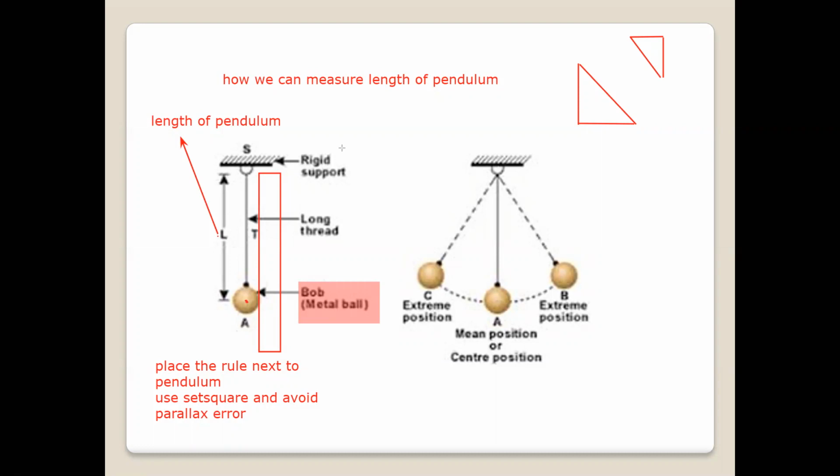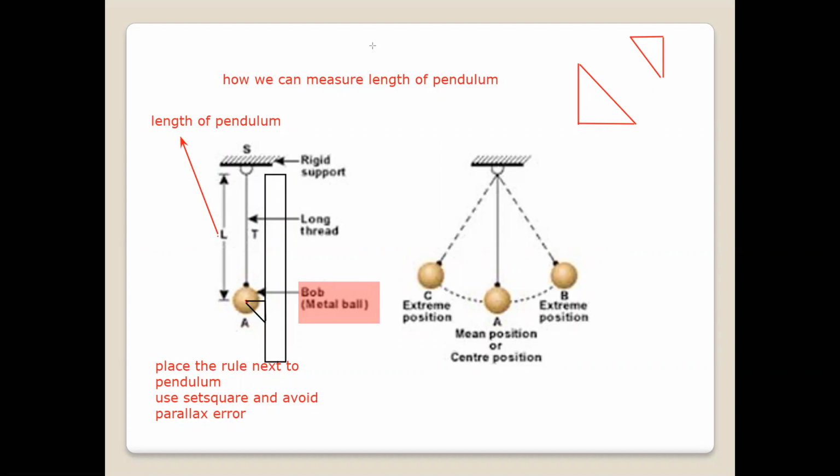The ruler should not touch this pendulum, otherwise it will not be accurate. So we place the ruler next to this, not touching it, and then a set square, a triangle. This is a set square.